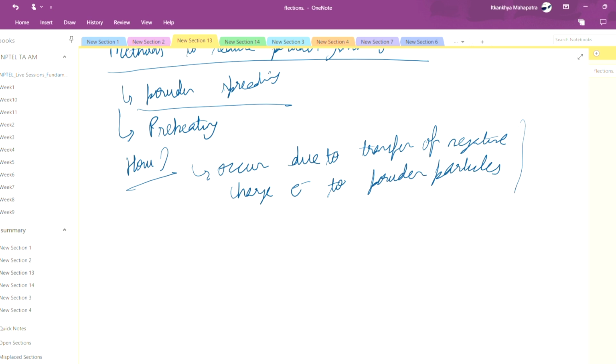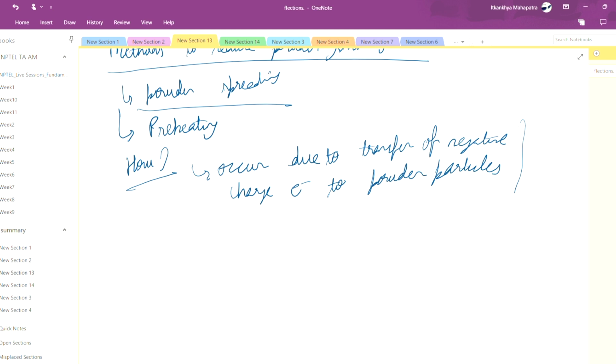So one more method, some other methods are also there. Based on the methods, there is a question: why do we use hybrid powder particles? So, do we also call it electrostatic charge? Yes, you can.